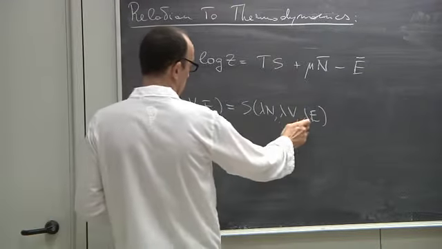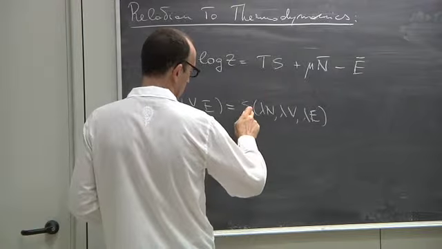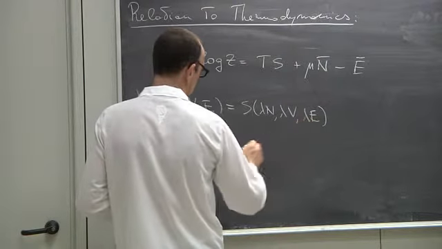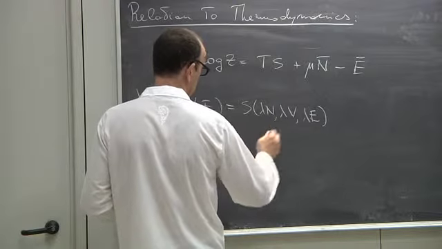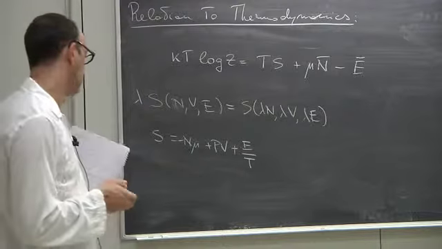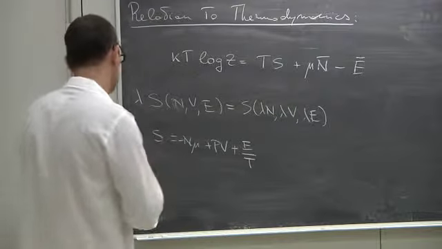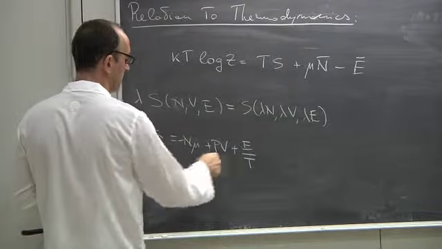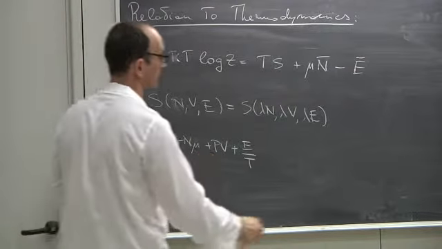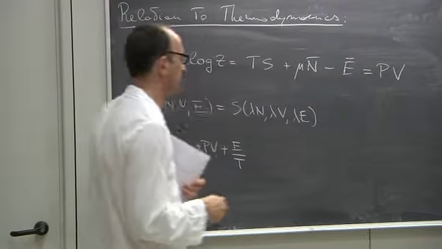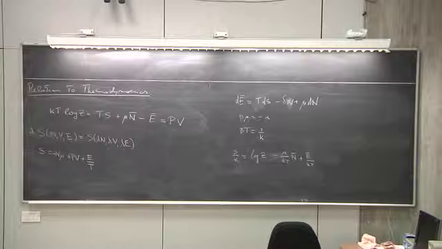And here you get the derivative of the entropy with respect to the energy, which is 1 over T, times the energy. Okay? So you see that TS plus mu n minus E is equal to PV. So this is the way in which you derive it.